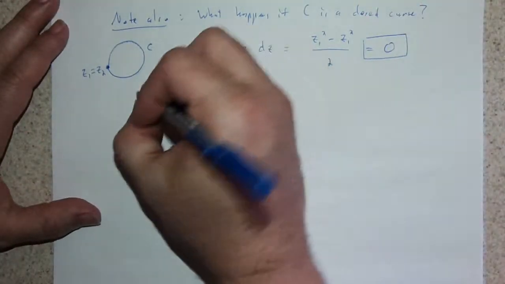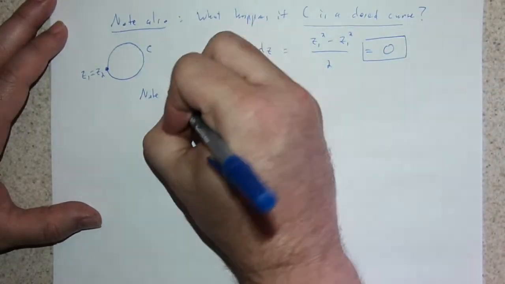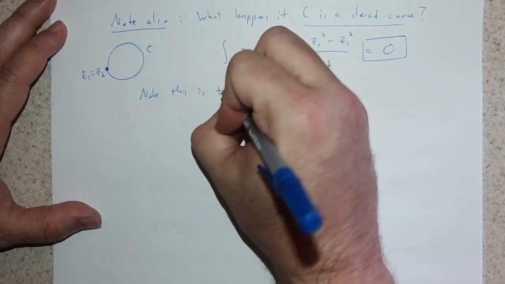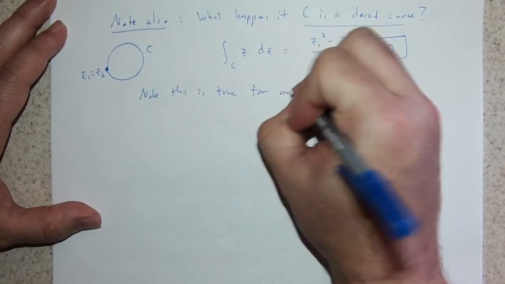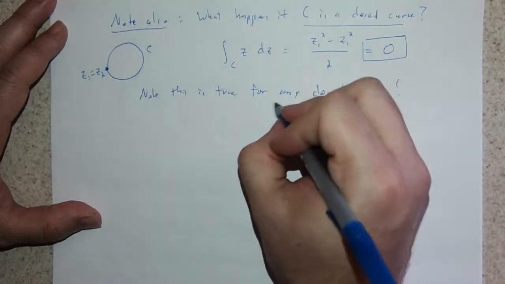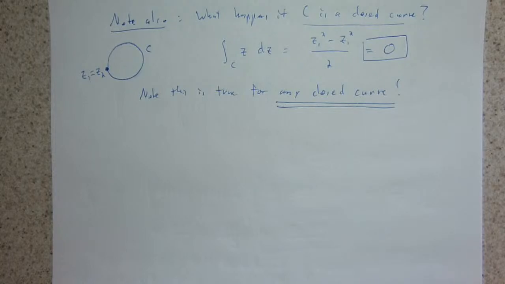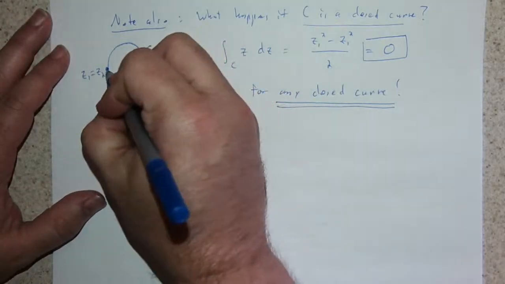Note, this is true for any closed curve. We didn't make any further assumptions. So this fact that this integral of this particular function is 0 for any closed curve is pretty amazing when you think about it, because this could have been anything, right?